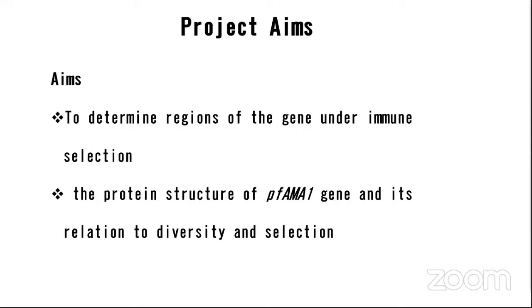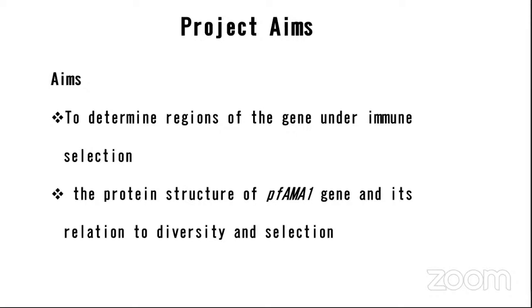And some studies have shown it's been under selection by the immune system, and is one of the primary targets for malaria vaccine development. And to effectively prevent malaria and subsequently eradicate it, there's a need for us to develop an effective malaria vaccine.